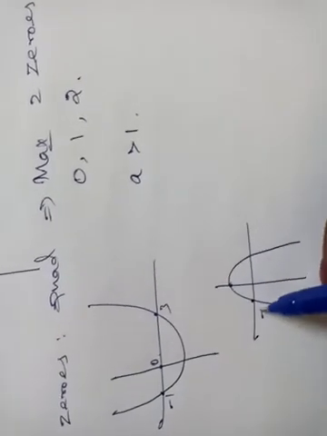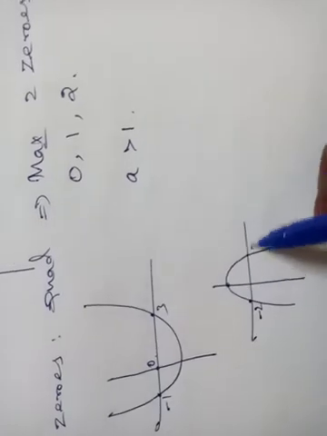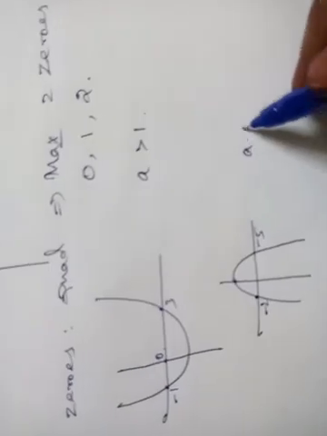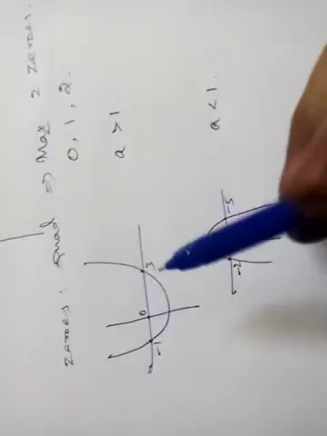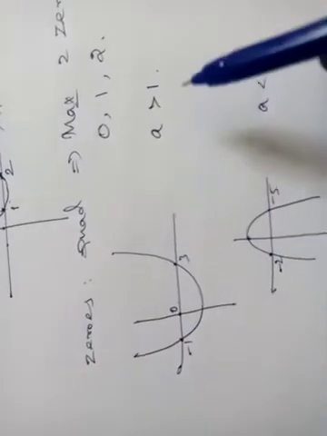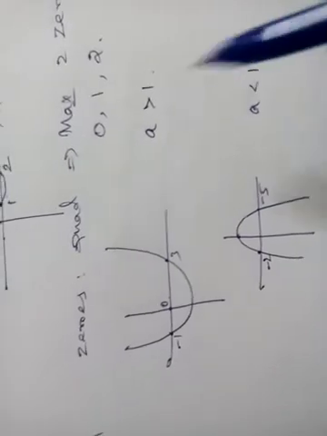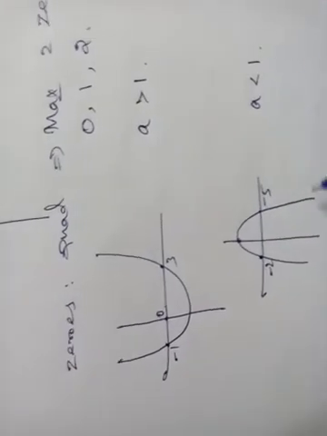This point is minus 2 and this point is minus 5. If it is so, then here the a value is less than 0. So by seeing this graph itself, we can say the sign of a, not the exact value. We can say a is greater than 0 here, and a less than 0 here.